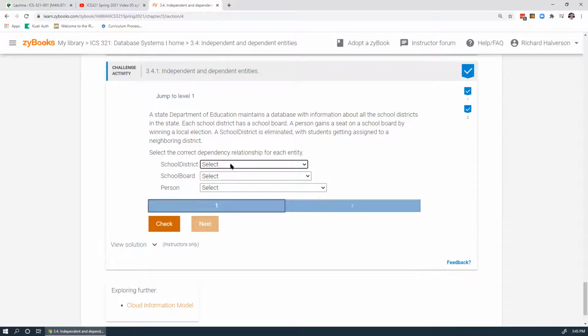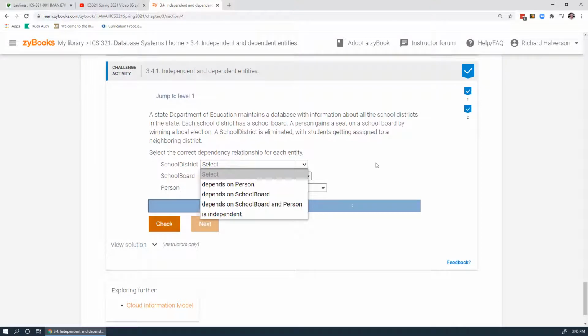Let's see what this is. So a school district, is it? We're supposed to identify the dependency, select the correct dependency relationship for each entity. So a school district can exist on its own. Okay. Maintains a database with information about school districts in the state. Each school district has a school board.